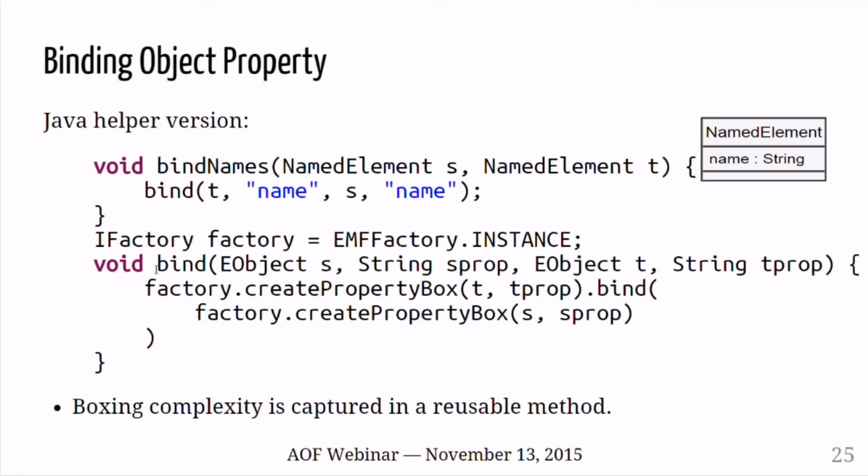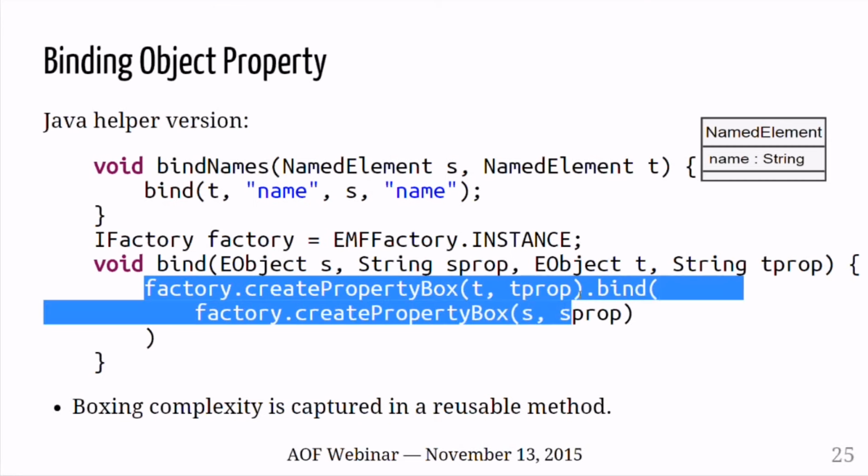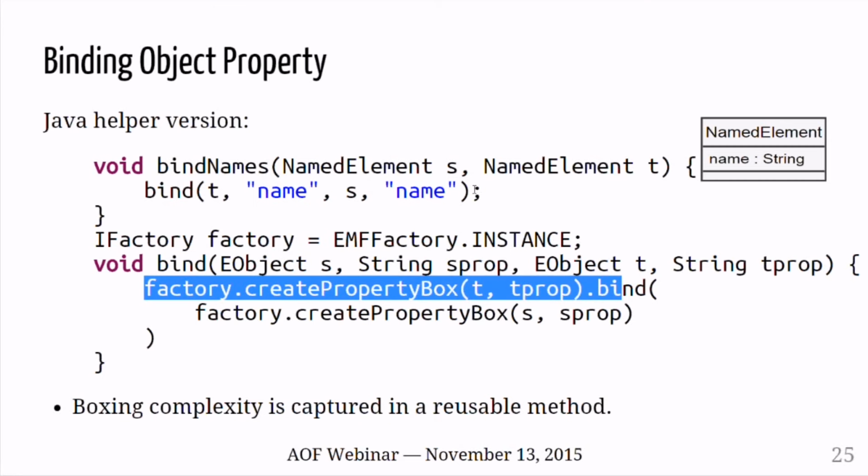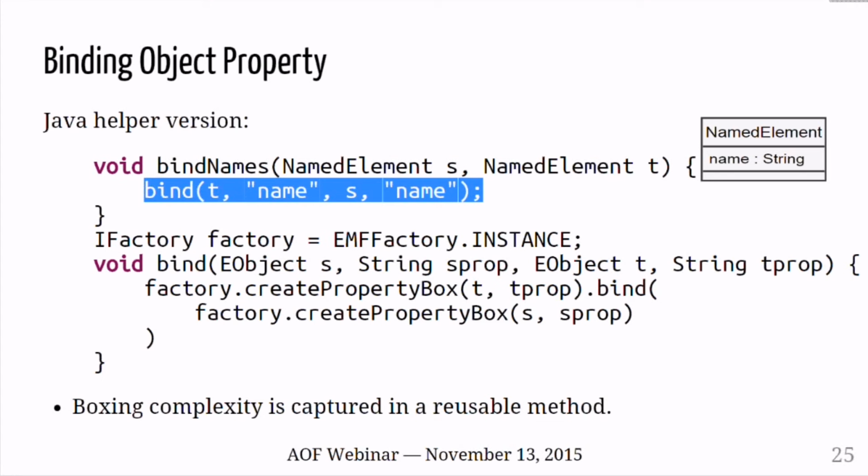For instance, here we have defined a specific bind method, which takes both the source object and the name of its property, as well as the target object and the name of the target property, and performs all the boxing and binding, so that what we have here is much simpler to write and to read.